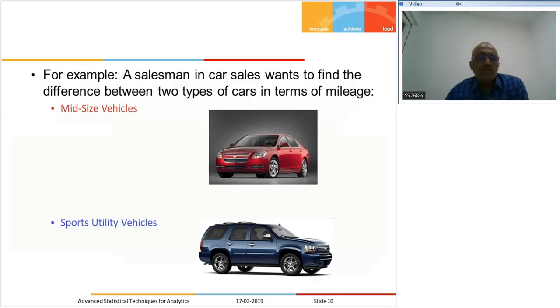Now, that's one example which I took from some of the websites. Suppose two models are there, and we want to find whether the mileage of these two models is different or the same. Take the first model as the first population and the second model as the second population, and we want to check whether the average mileage of this model and of that model are the same or different.